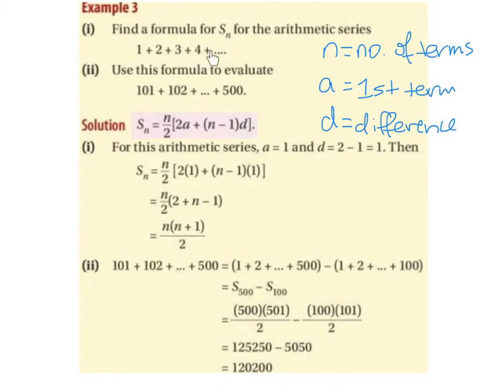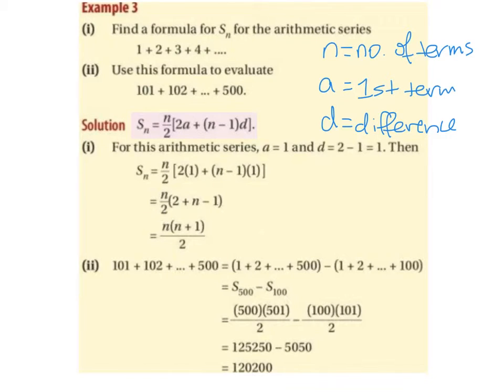The difference between the terms is 1. 2 multiplied by 1 is 2. n multiplied by 1 is n, and minus 1 multiplied by 1 is minus 1. So then we have n over 2 times 2 plus n minus 1.